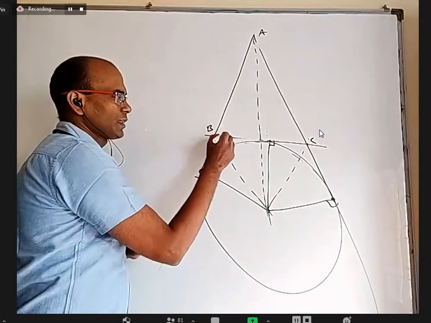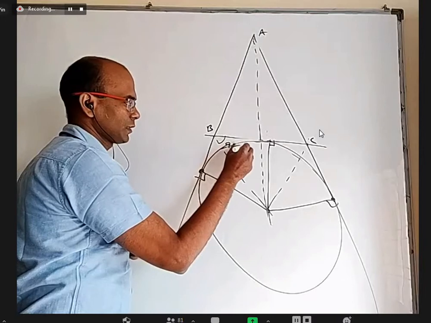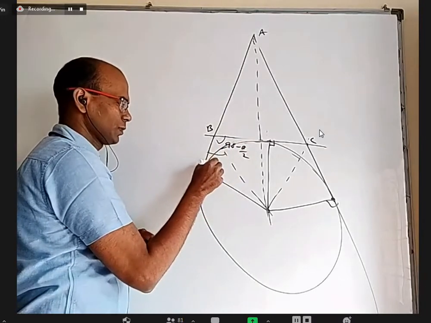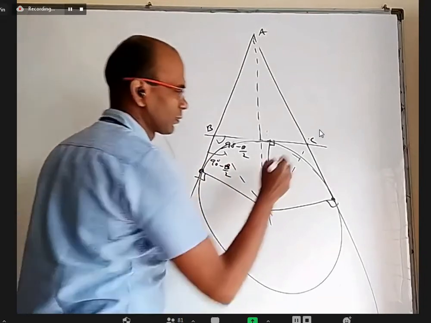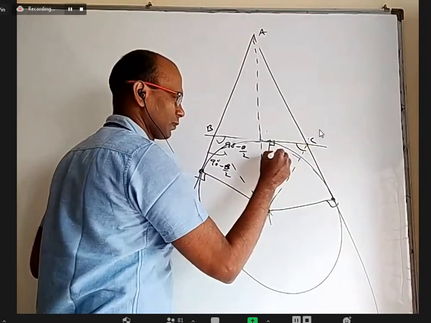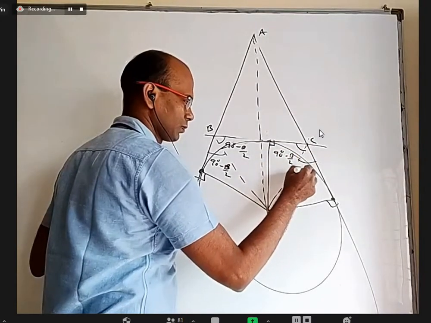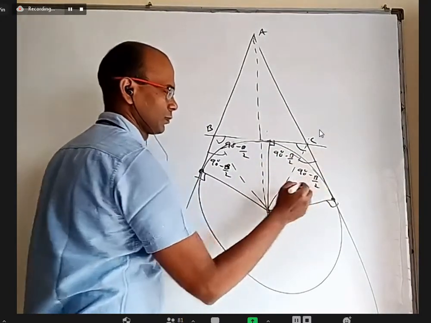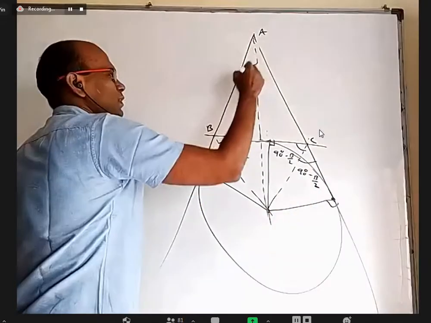Because this is B, this will be 180 minus B. This will be 90 degrees minus B by 2, this will be 90 degrees minus B by 2, and this will be 90 degrees minus B by 2. And this is A by 2 and A by 2.